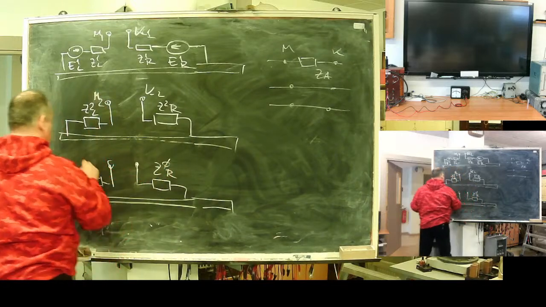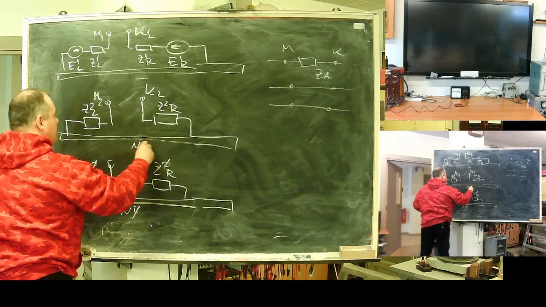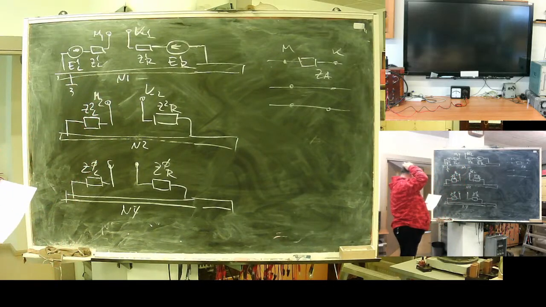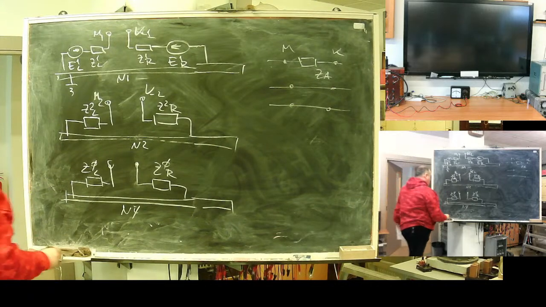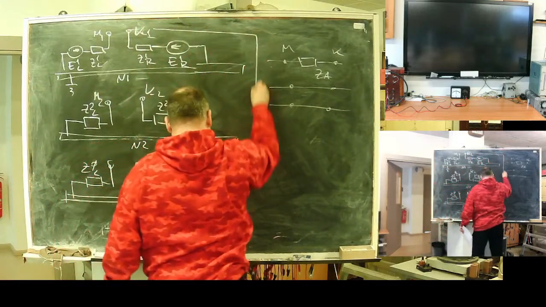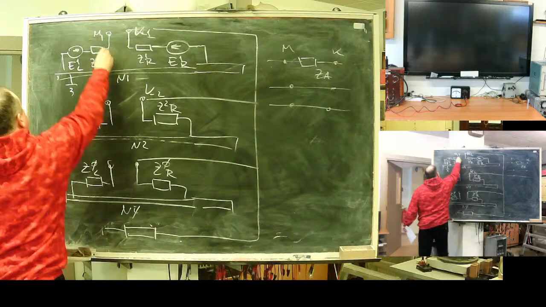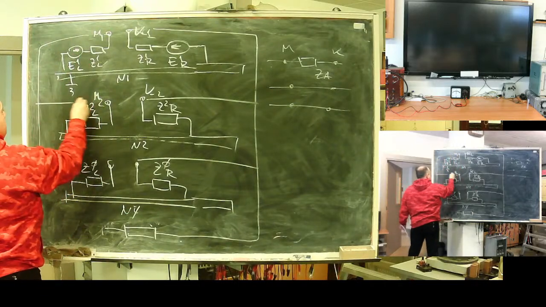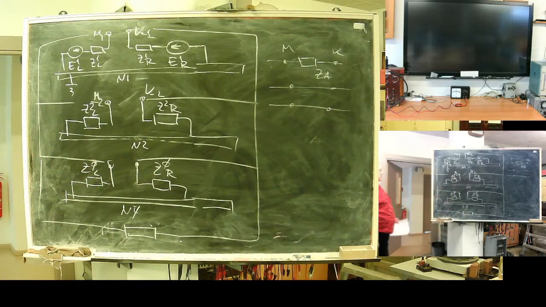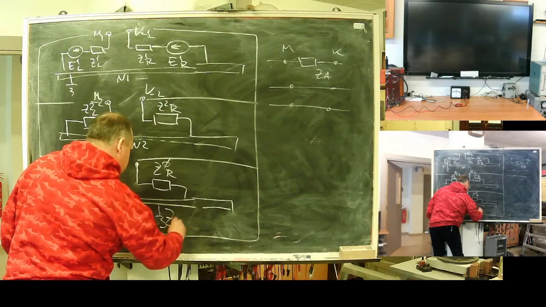Zero R, zero left, and 0 and 2 and 1 ground point. And this one is 1/3 ZA.